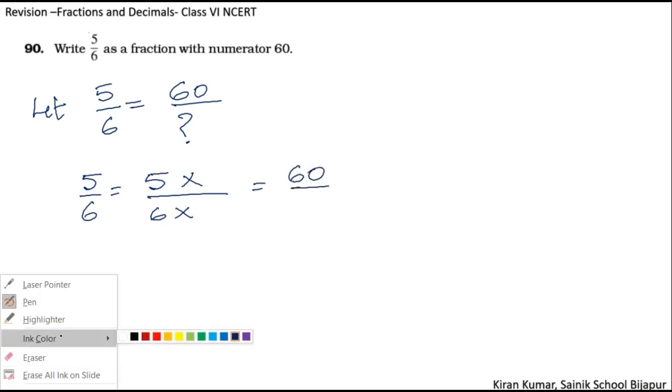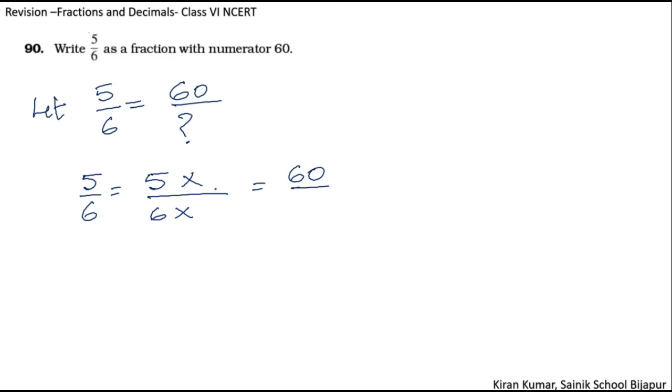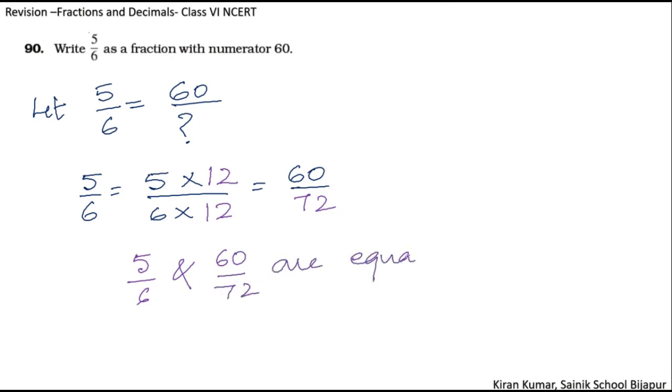Now I need to guess the number. Here we go. 5 times 12 is 60. So 6 times 12 is 72. What does it infer? This infers that 5 by 6 and 60 upon 72 are equivalent fractions.